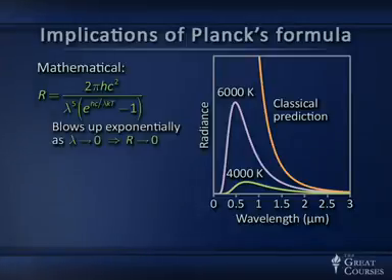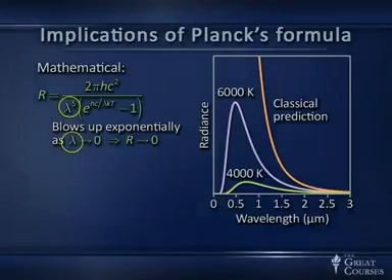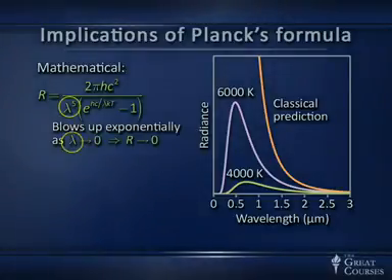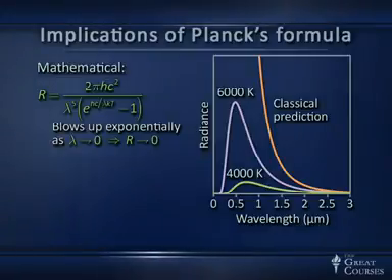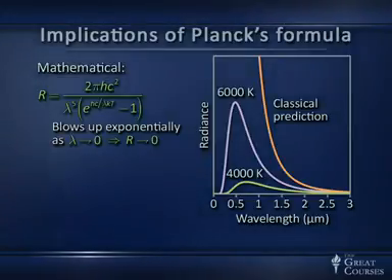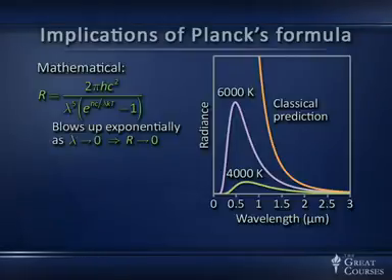And even though we've got a lambda to the fifth outside of that parentheses in the denominator, and the lambda to the fifth is going to 0, you might say that's going to make the whole expression go to infinity. In fact, the exponential blows up so much faster than that lambda to the fifth goes to 0 that the whole denominator goes to infinity, and that reduces the radiance to 0.